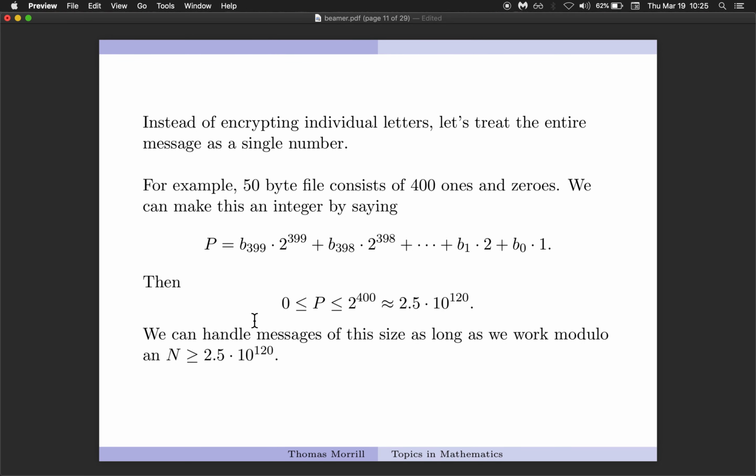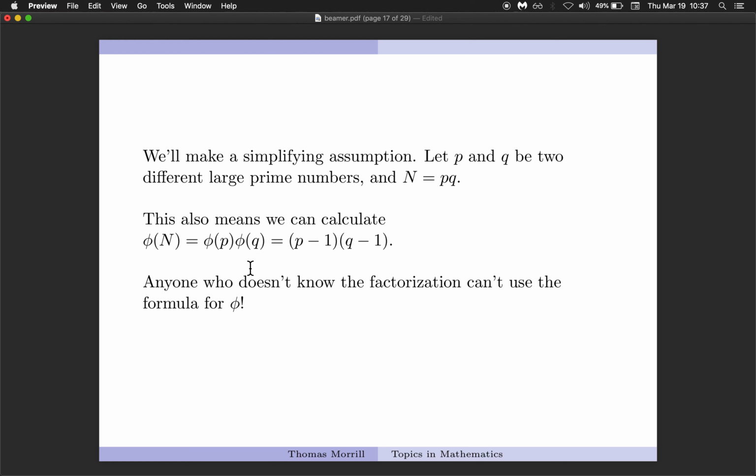This is really nice because we can calculate phi of n very easily, since we are the ones who picked the prime factors. I know that if I have two distinct prime factors, that phi of n is just prime factor number 1, take 1, times prime factor number 2, take 1. So p take 1 times q take 1.